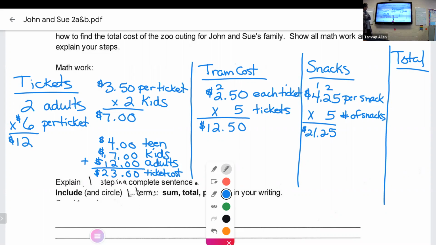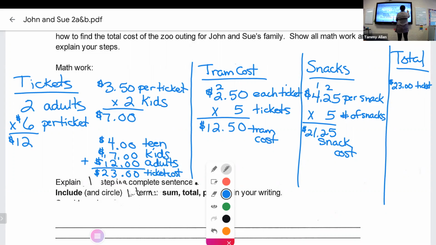No. Okay, so this is the tram cost. This is the snack cost. So what do I need for my total? All right, so I need my $23 from my tickets.